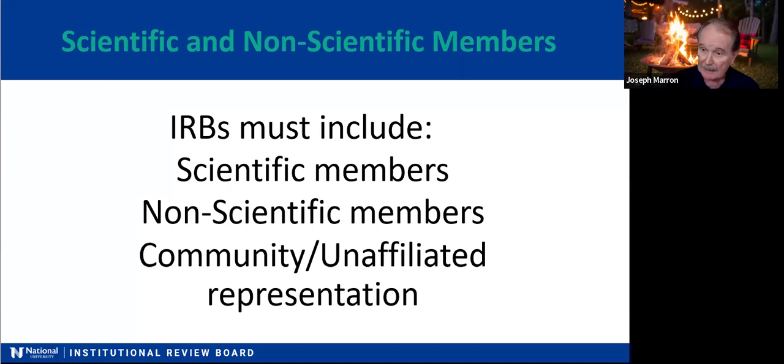So we have to have at least one or two community members, and we've been super fortunate at National University that we have some, in some cases, retired professors, administrators, who are then back in the community and they're able to bring their expertise to the board. And it's been a great thing for us to have that.